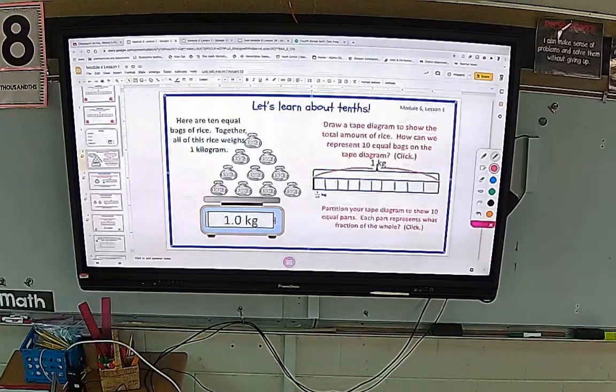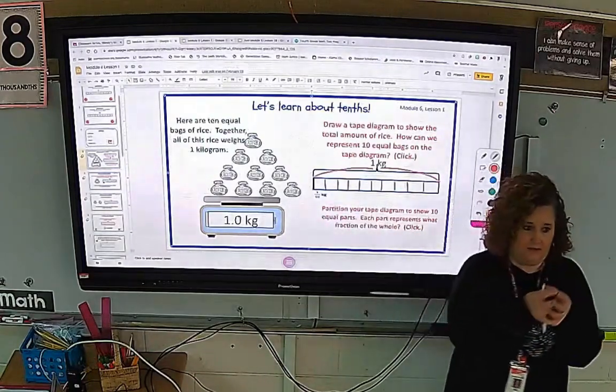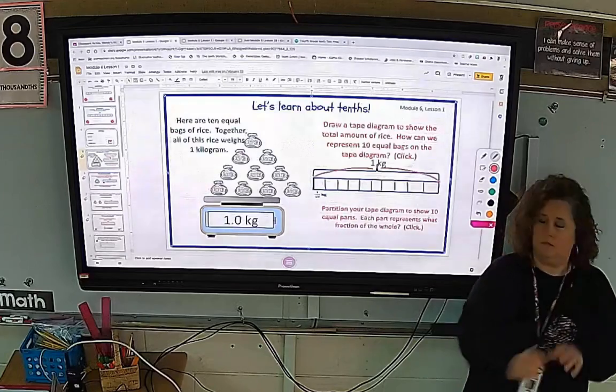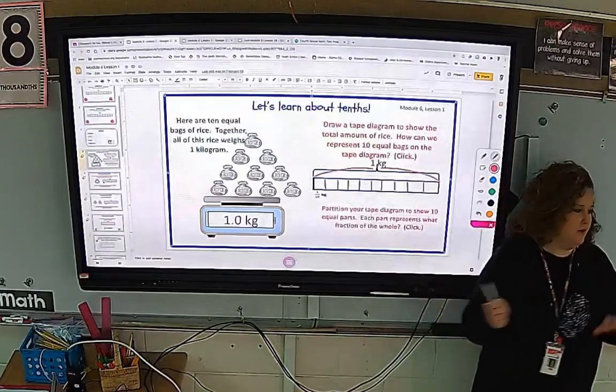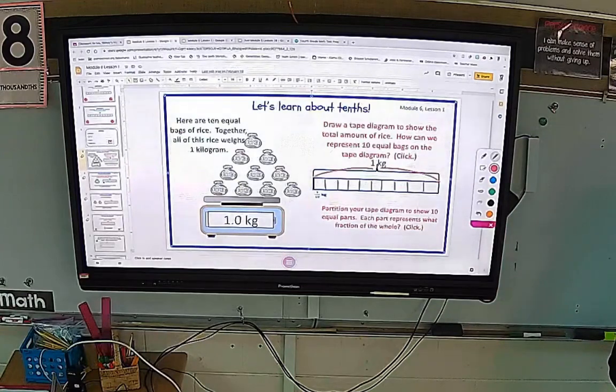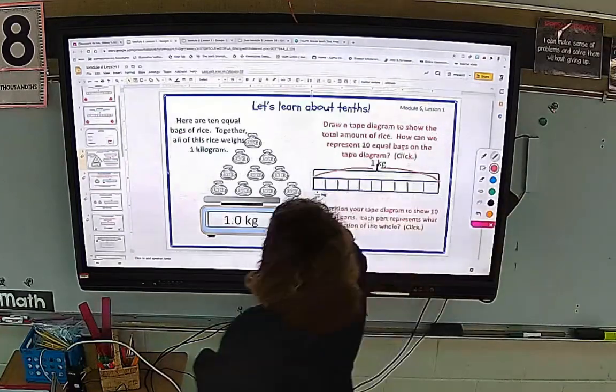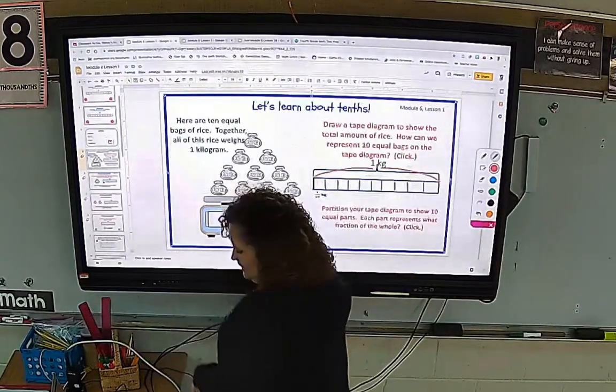Okay. So if one bag of rice is 1/10, and one box on our tape diagram is 1/10, isn't every box on our tape diagram 1/10? Yeah. So we're going to go ahead and label all of these.